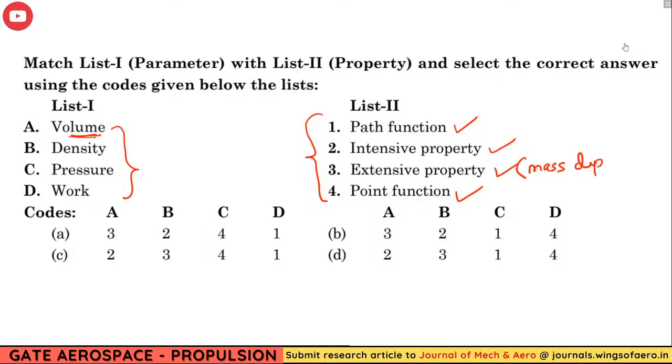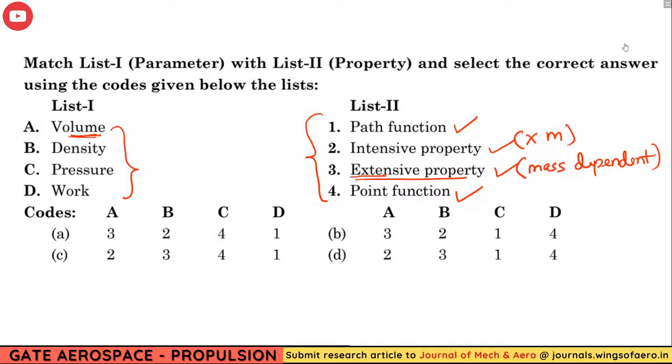Extensive property. Dependent on mass means extensive. Remember that. Not dependent on mass is an intensive property, such as pressure, temperature, density.